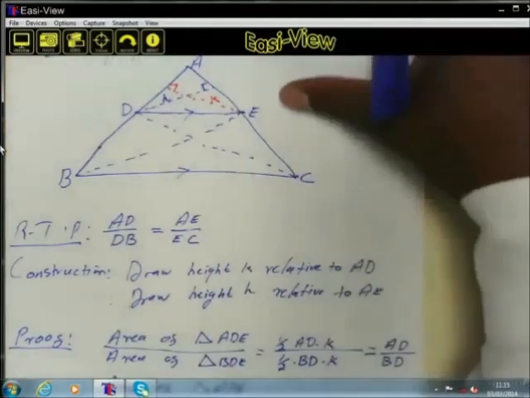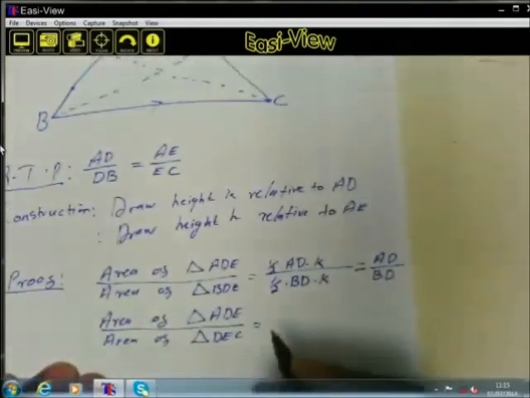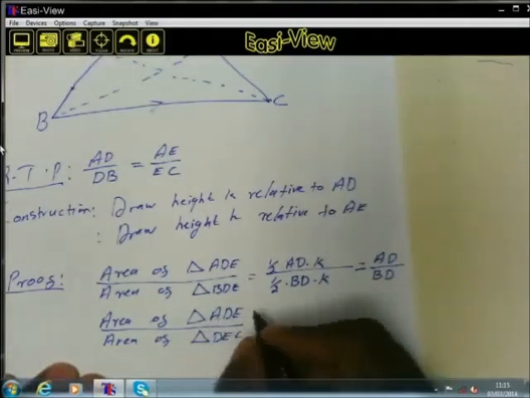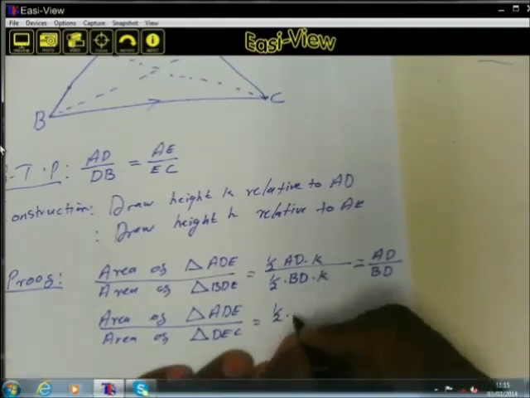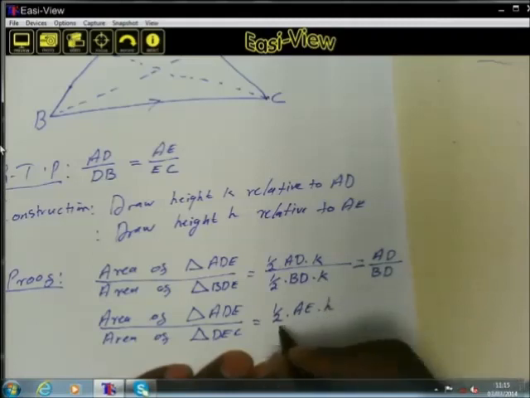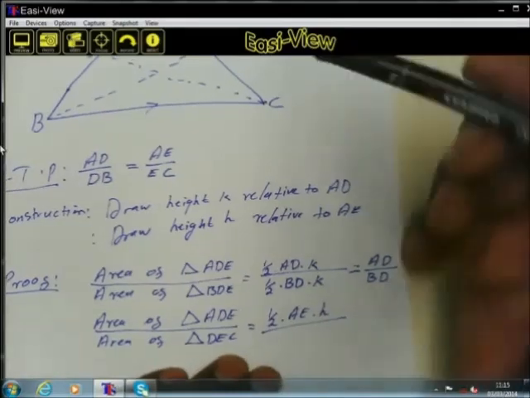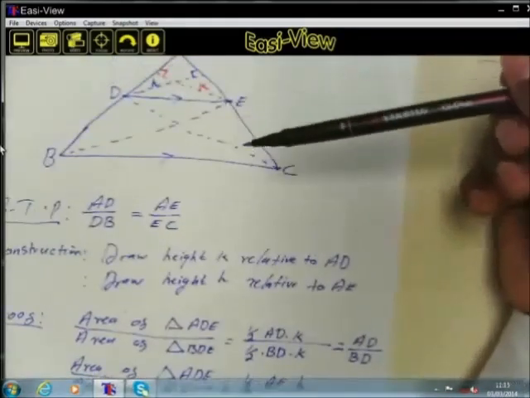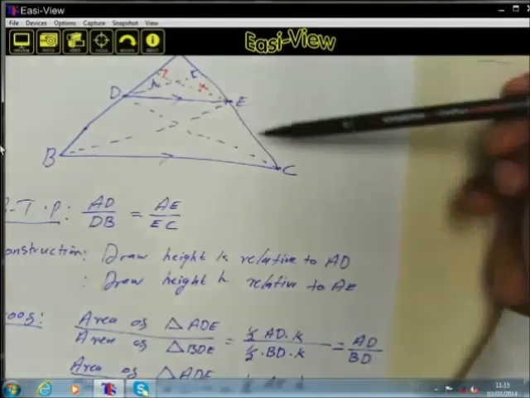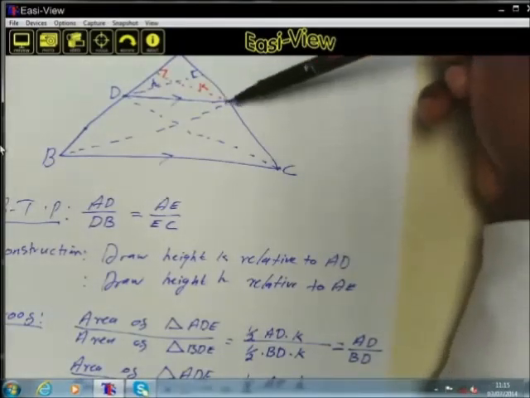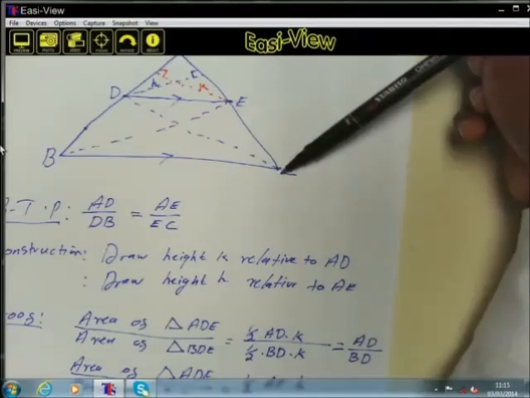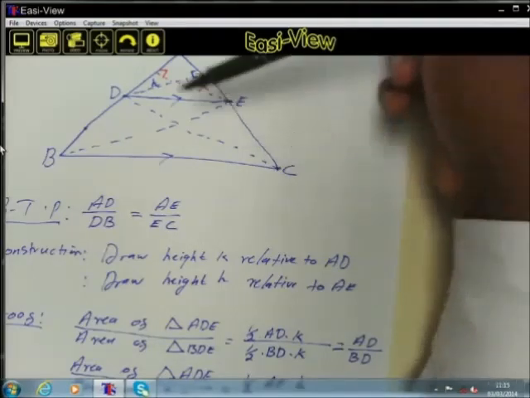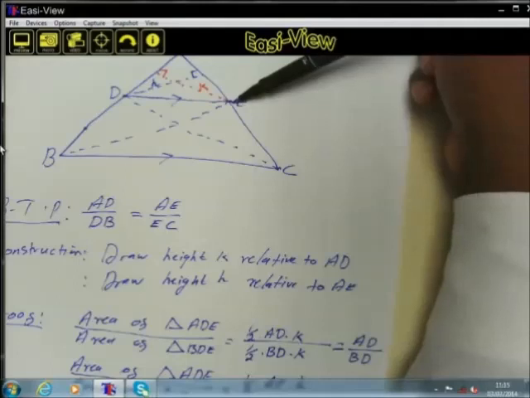Then let's write down the substitution. Area of triangle ADE, like I indicated, will be half, our base AE, multiplied by our height H. Then you divide by the area of triangle DEC. We choose EC as our base. If EC is our base, what is the line perpendicular to the baseline?